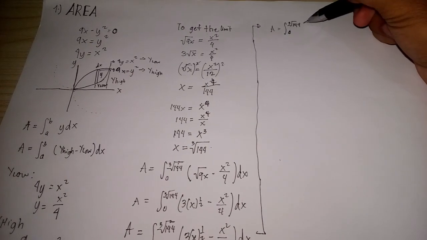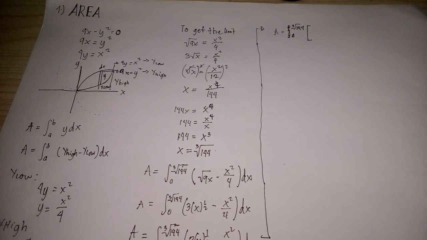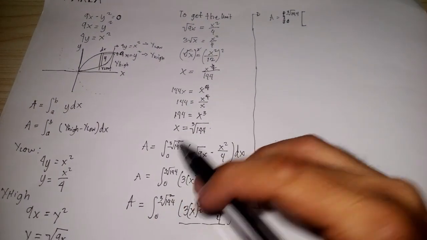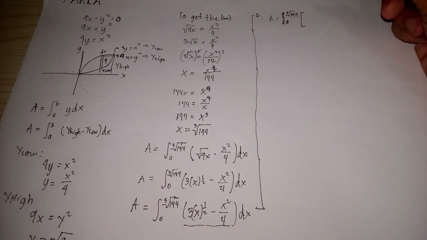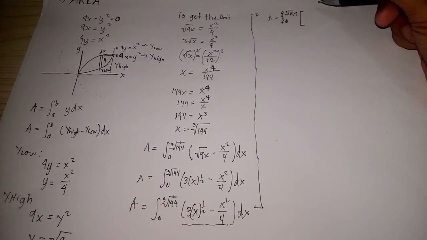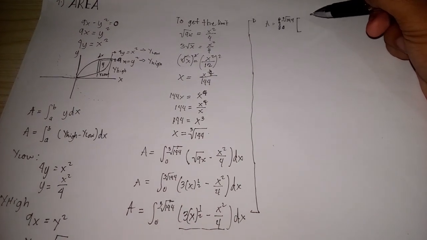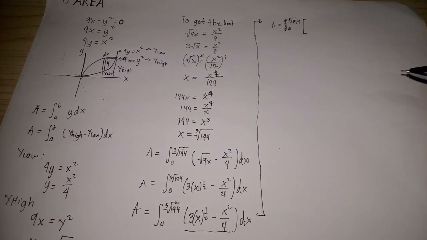I made a mistake. So from 0, we don't need the integral sign anymore. So what is the integral of 3x raised to 1 half? So moving 3 outside, integrating x raised to 1 half, this will become 1 half plus 1, this is 3 halves.